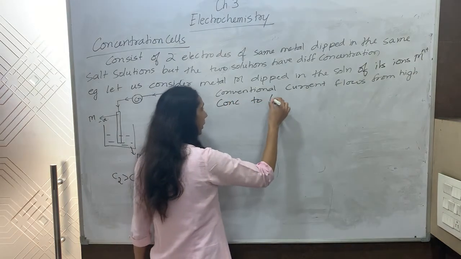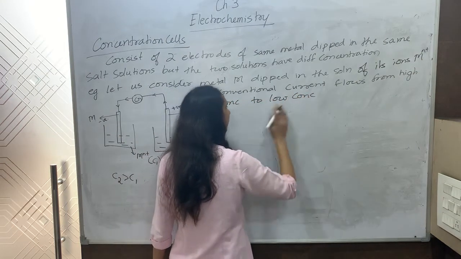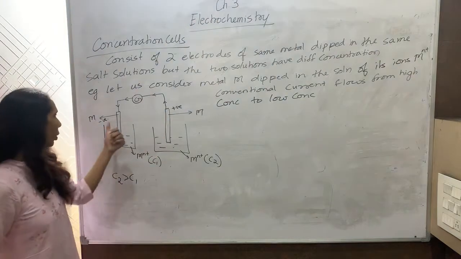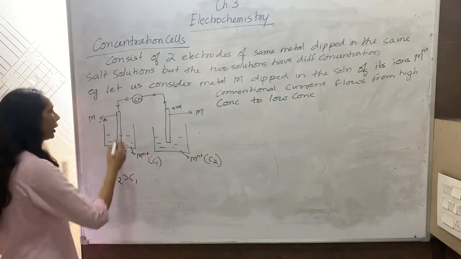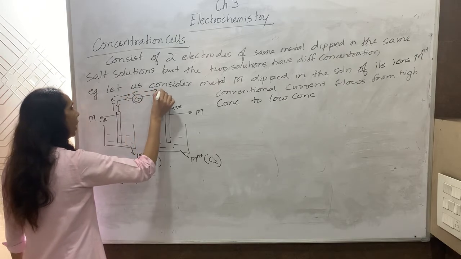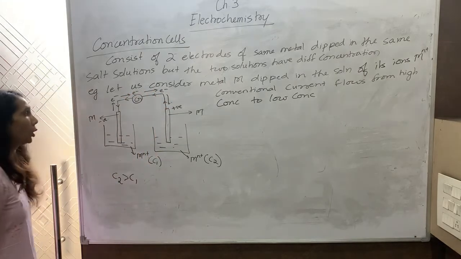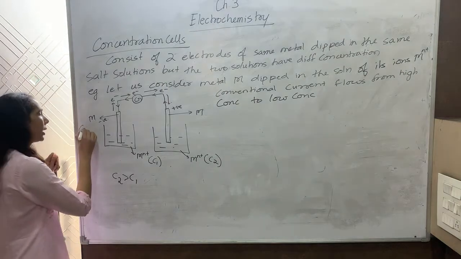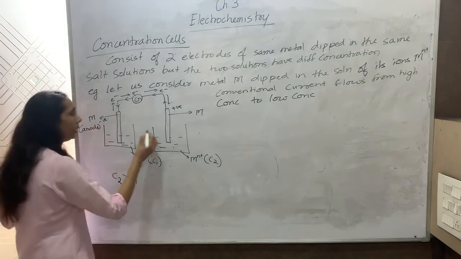So this is your positive electrode, this is your negative electrode. The direction of flow of electrons will just be opposite, from low concentration to high concentration. So I know electrons are flowing from this, so this is your anode and this is your cathode.